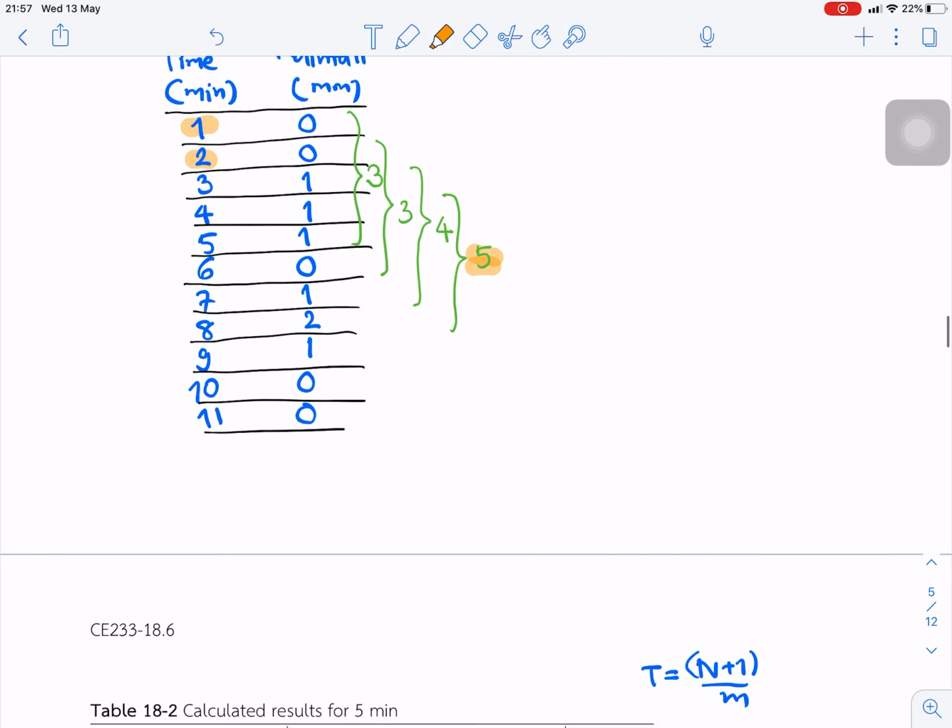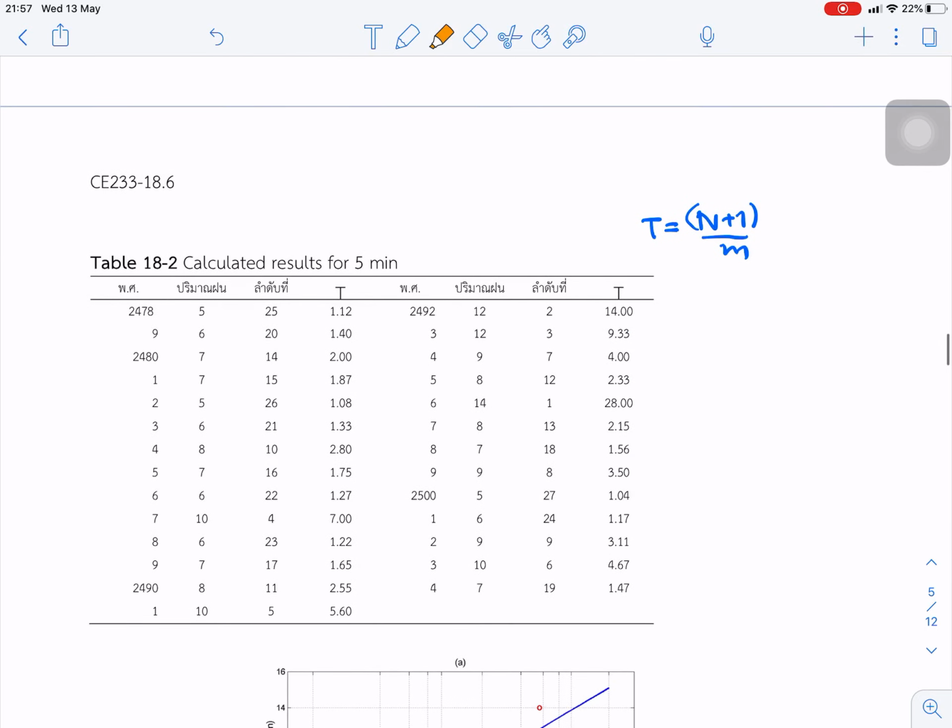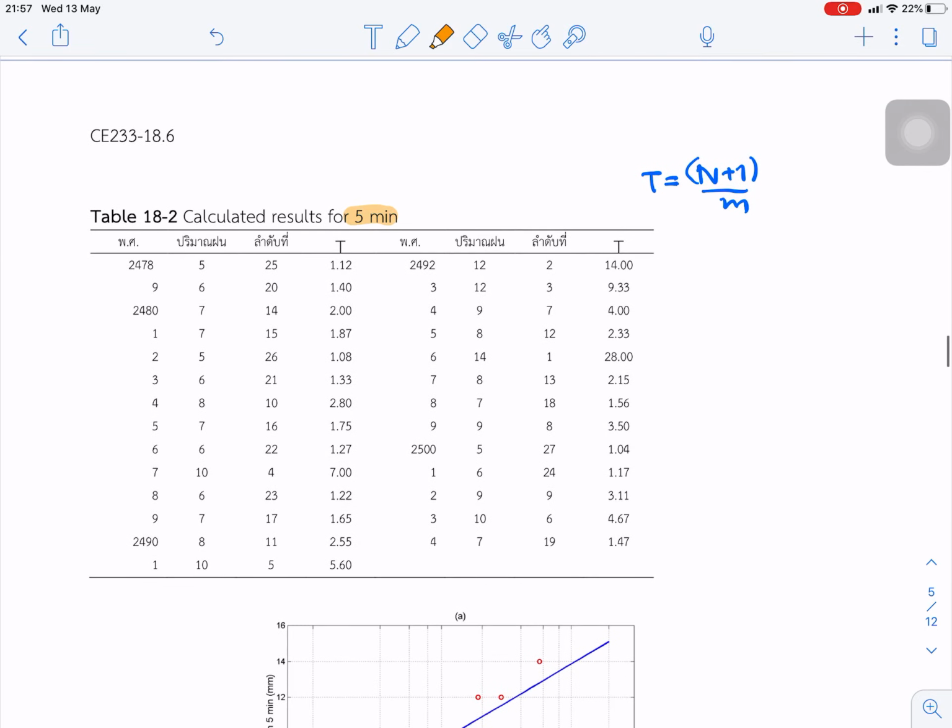The next step, we start with the 5 minutes, when we put the ranking. The maximum one, 15, is ranking number 1, so we can find the return period.